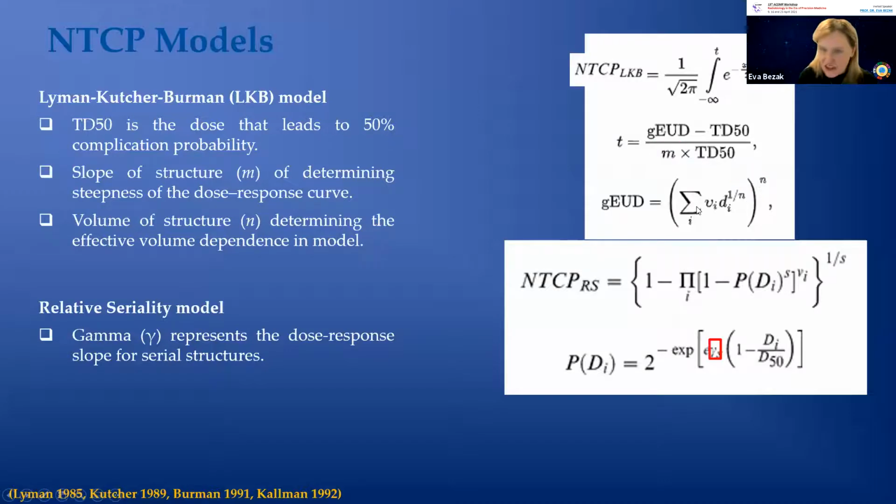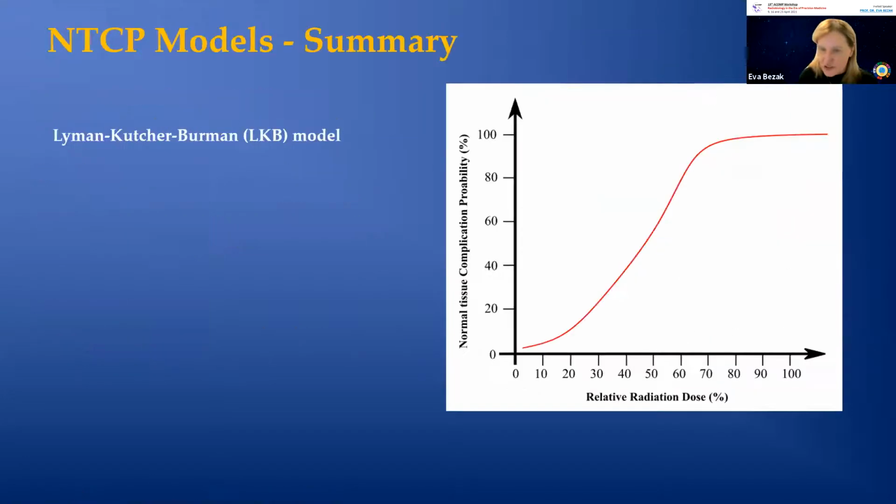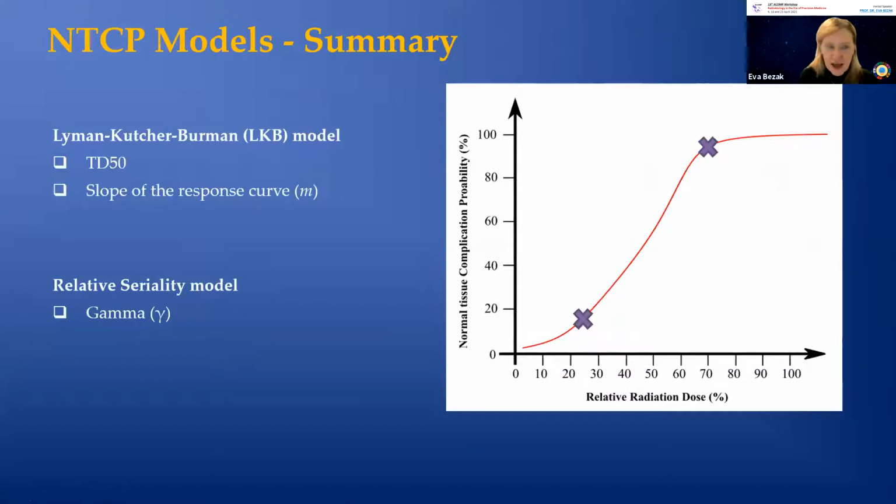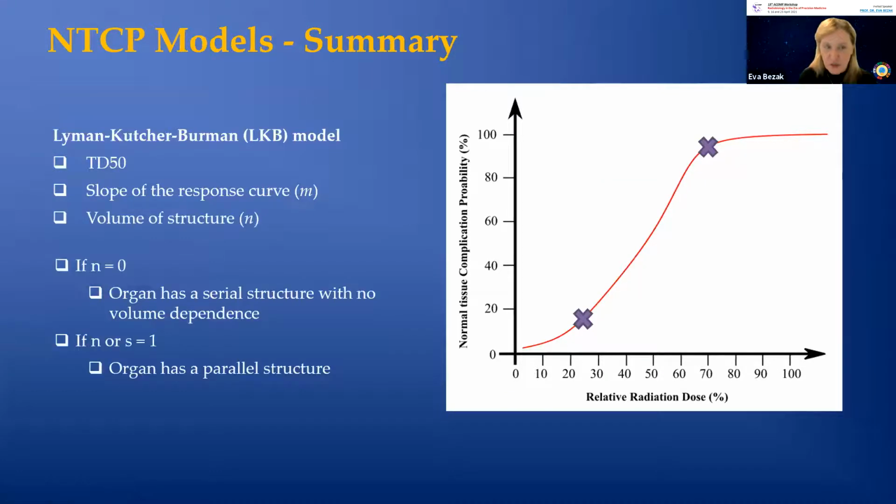In the relative seriality model, it is the gamma parameter that represents the steepness of the dose response curve for the structures. So if I change TD50, I am also changing the slope of the dose response curve. If I am changing m, I am also changing the slope of the dose response curve.